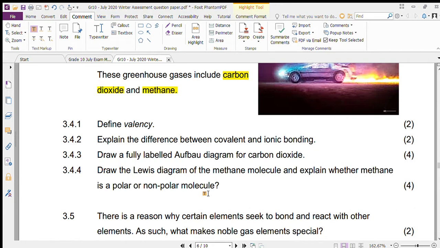I realized that carbon dioxide is a tricky one, but you had to show how they share their valence electrons to get a full octet. You had to show that. So I wanted the arrows to show the sharing. Let's look at my orbital diagram.